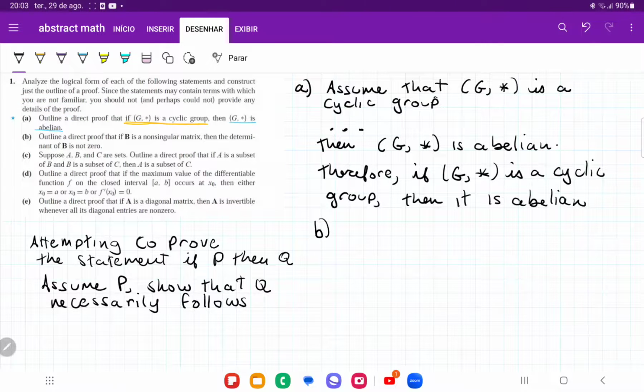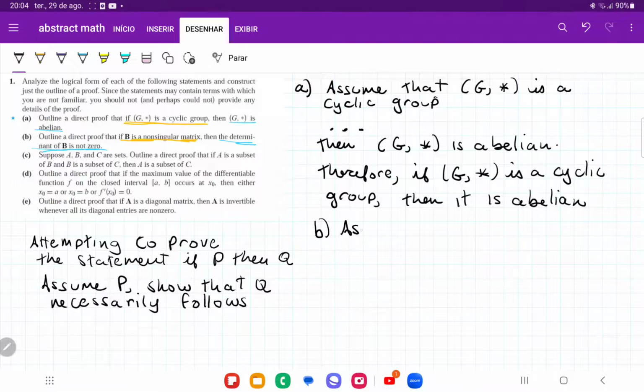So for B, we're attempting to show that if, what's our hypothesis? If bold B is a non-singular matrix, then the conclusion that the determinant of B is non-zero follows. And actually I should just color code this. So we're going to do the same.